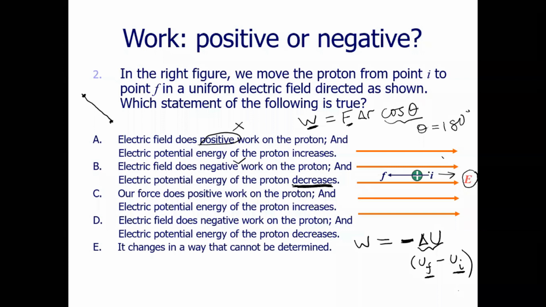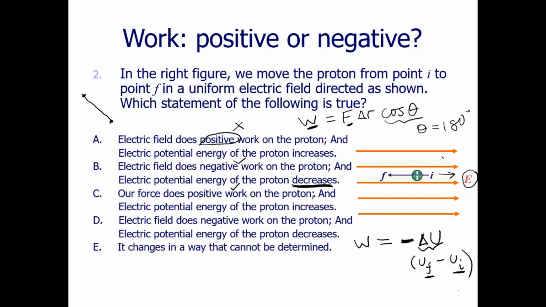So is the force that we are applying doing positive or negative work? It's positive work because the direction of the displacement is in this direction, and the direction of our force is also in this direction. So the force and the displacement are in the same direction, so our force does positive work. So this is correct. What about the other part?